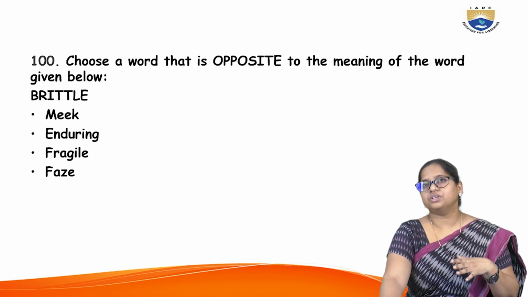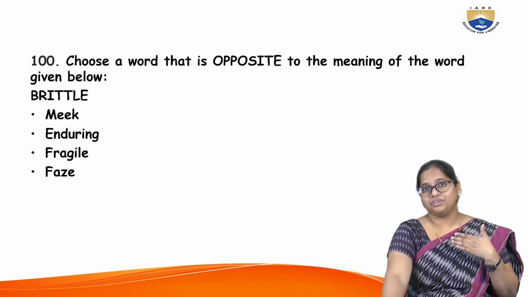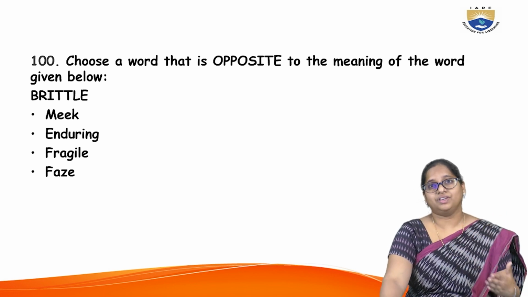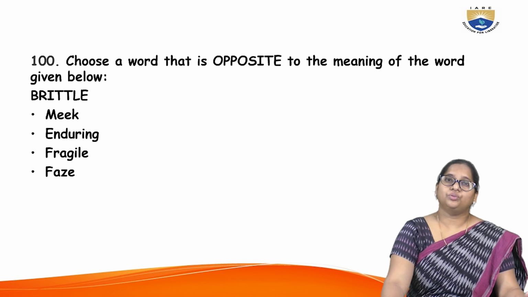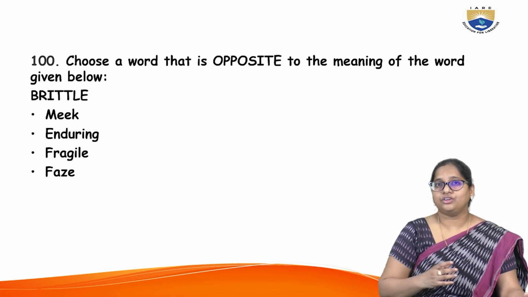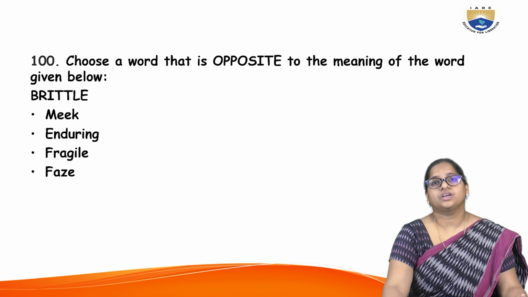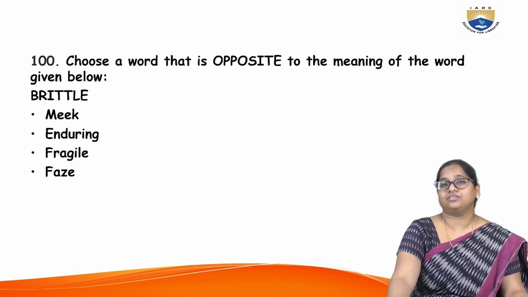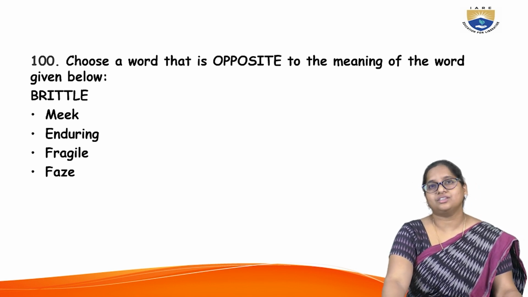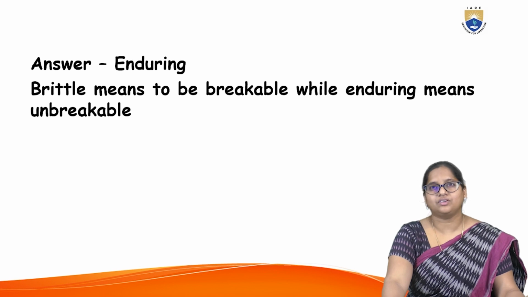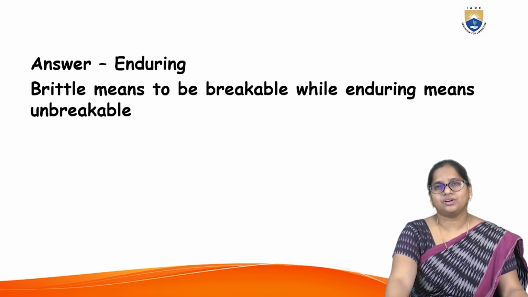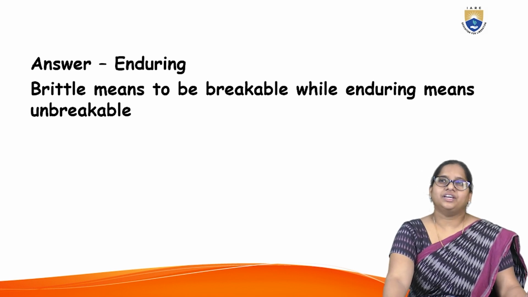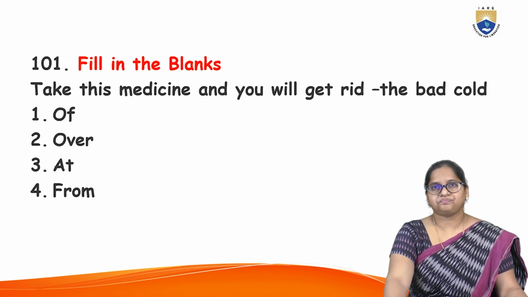Here fragile is also easily broken, but you are not giving the synonym, you are giving the antonym. So you have to use a word which continues, prolonged action. So that is what enduring you can really think about, so that is the best option. Brittle means to be breakable, while enduring means unbreakable.